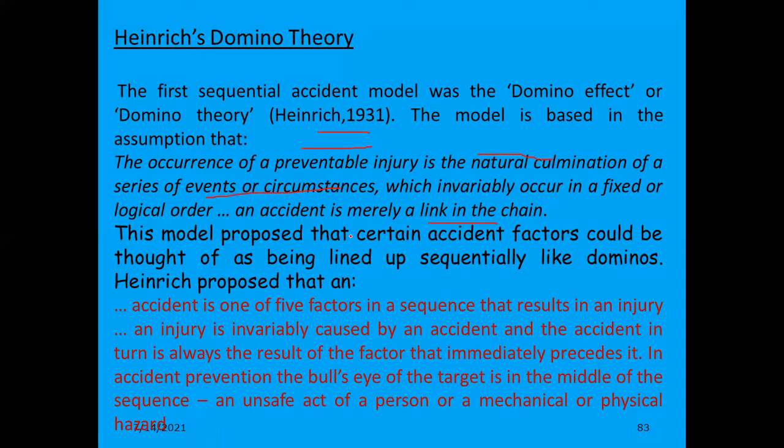This model proposed that certain accident factors could be thought of as being lined up sequentially like dominoes. So these are the sequential links, like the links of a chain. It is a form of sequential links.